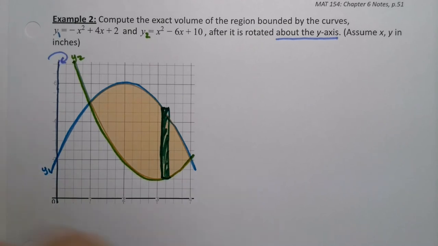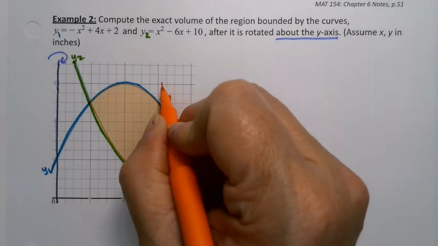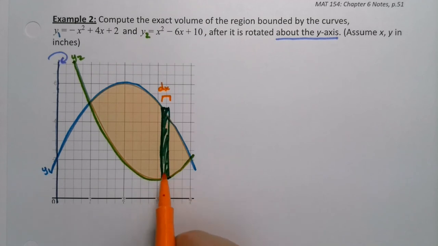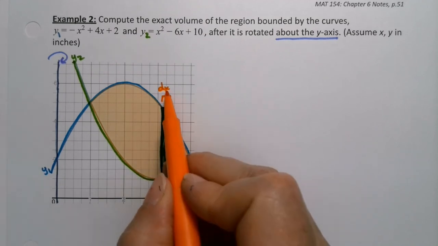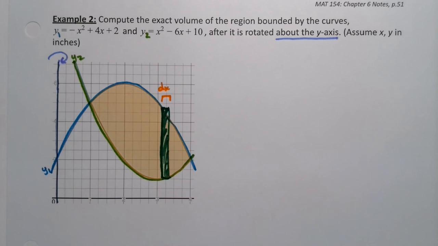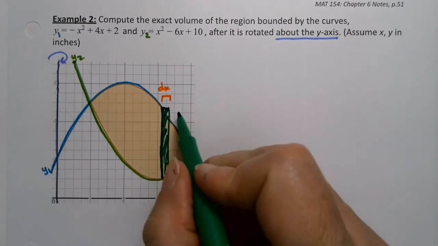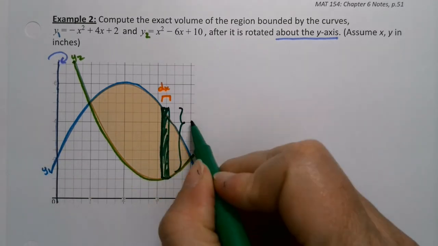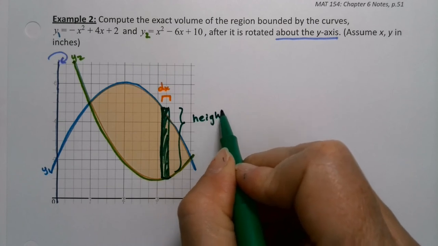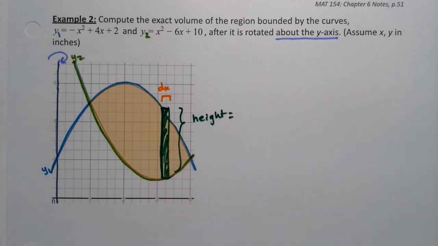Okay, well, the thickness part's easy. The thickness is dx because that's a difference in x. So I know that I need everything to be a function of x, since it's going to be dx. So I need to know the height of my rectangle, and we'll figure that out in a second. And I need my radius.